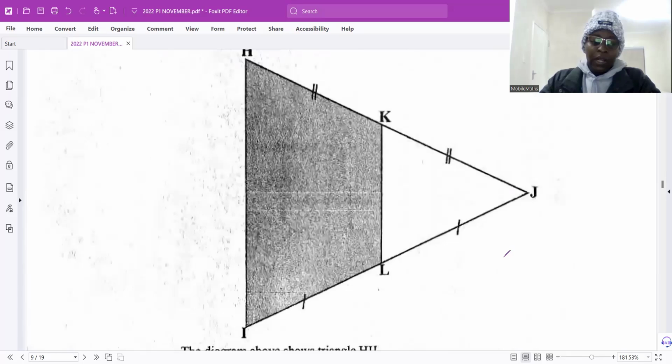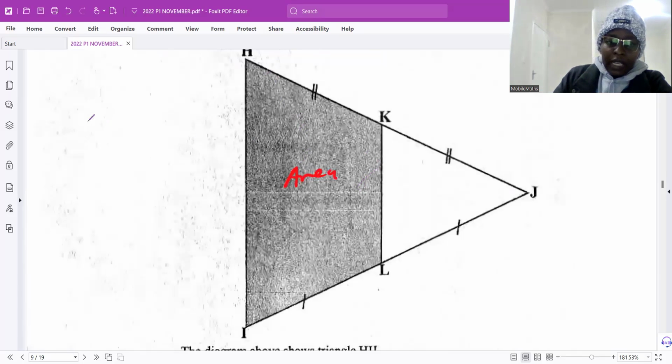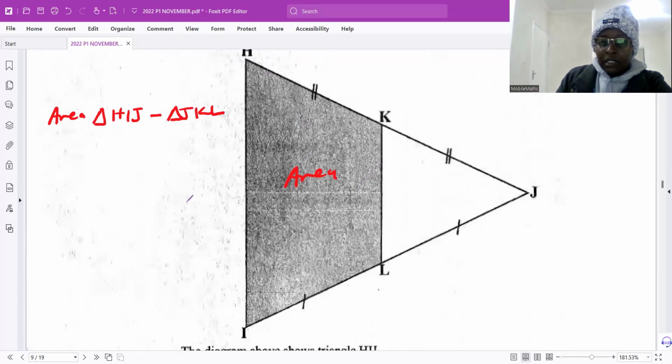So, what we can see is that if you want to find the area of this one, okay, we are going to say area of triangle HIJ minus area of triangle JKL, like that. Okay, so that is number 1.